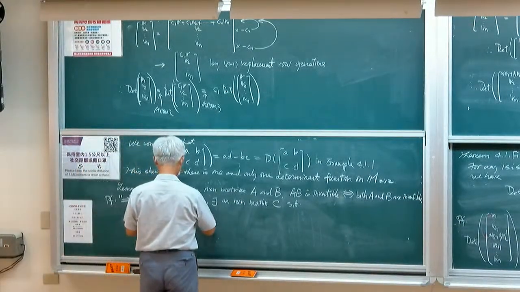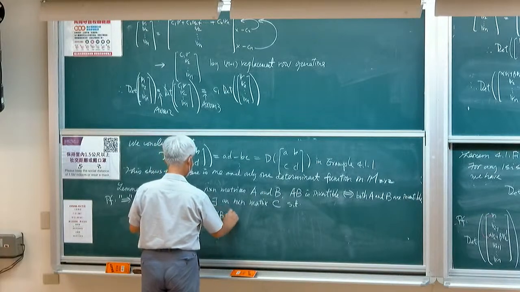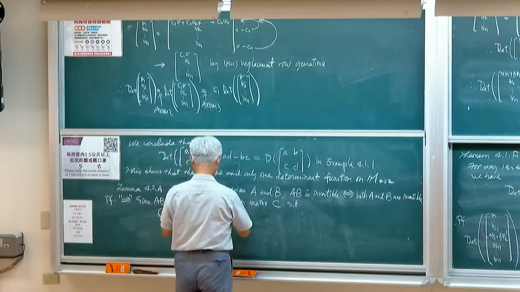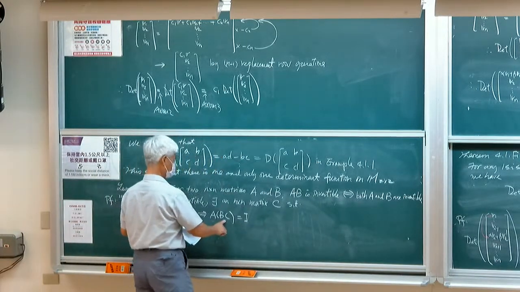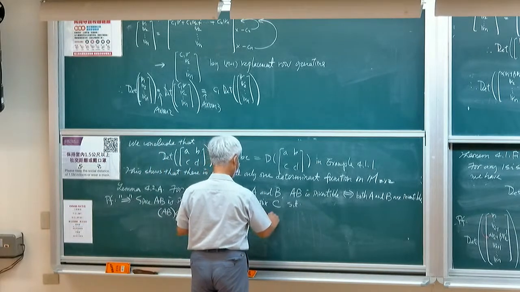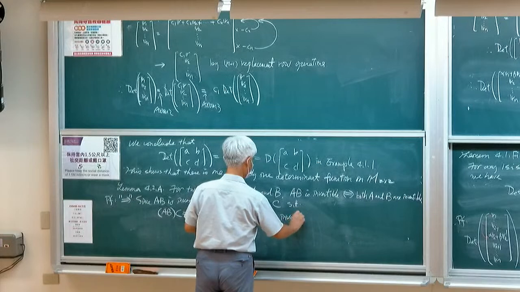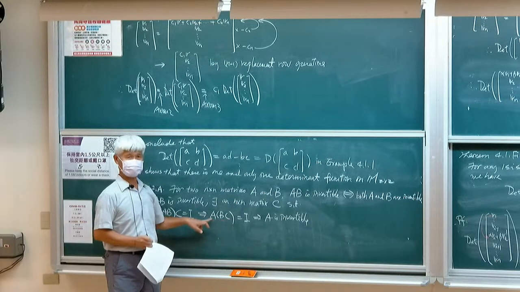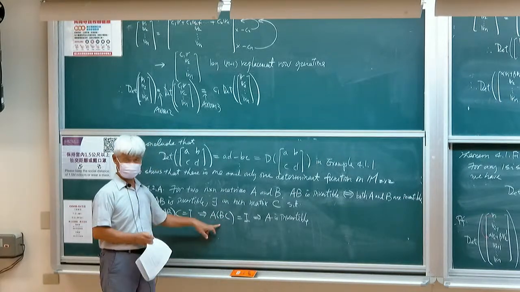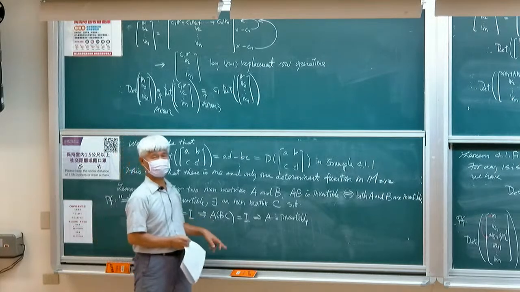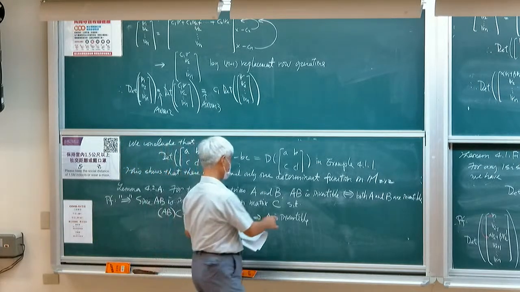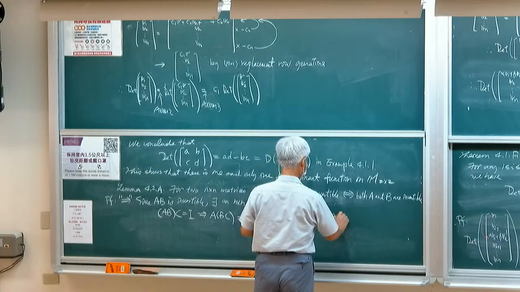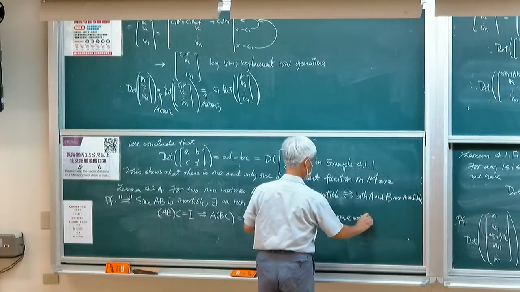So this implies that A(BC), by associativity of matrix multiplication, is I. All right, so A is invertible because the product BC is a right inverse of A. If a square matrix has a right inverse, then it is invertible by the invertible matrix theorem. So A is invertible.